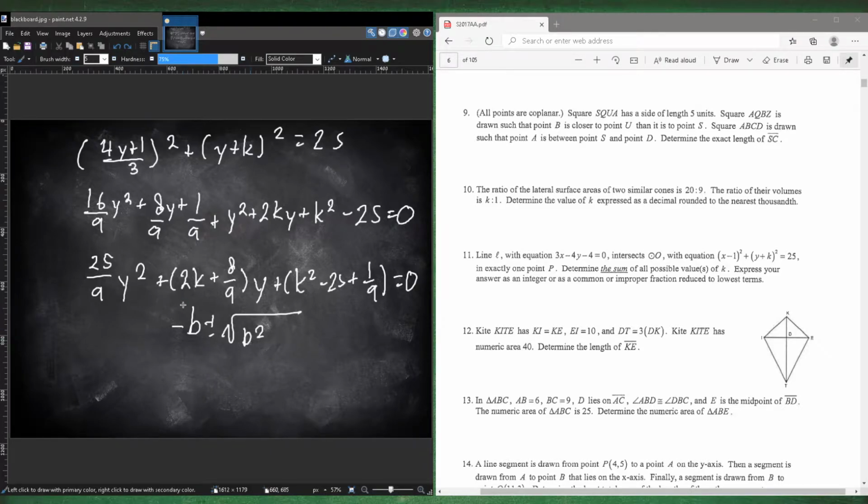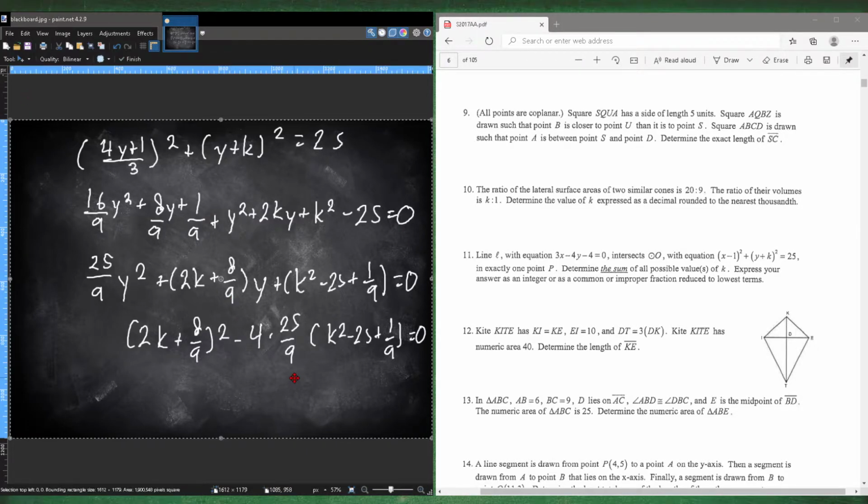So that means (2k plus 8 over 9) squared minus 4, your a, which is 25 over 9, times your c, which is k squared minus 25 plus 1 over 9, is equal to 0. Okay, so we have this.